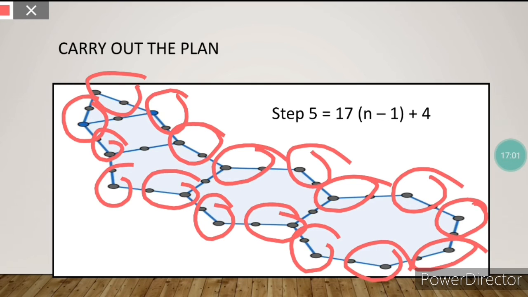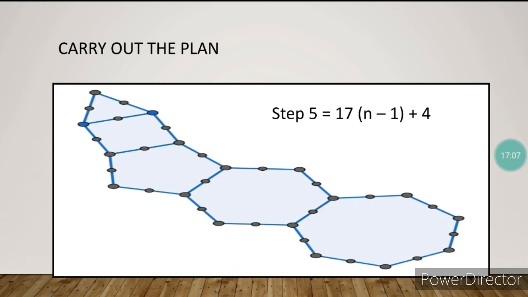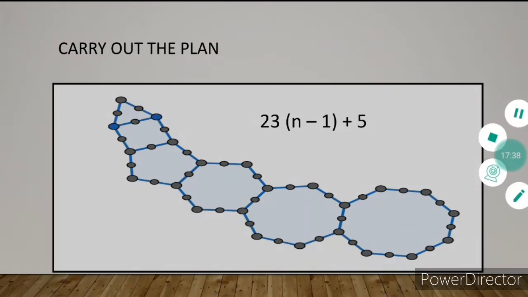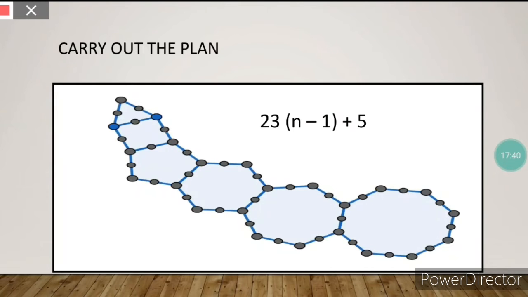And these are the plus 4 dots. In step 6, the total number of dots can be solved using the formula 23(n − 1) + 5. And these are the plus 5 dots.